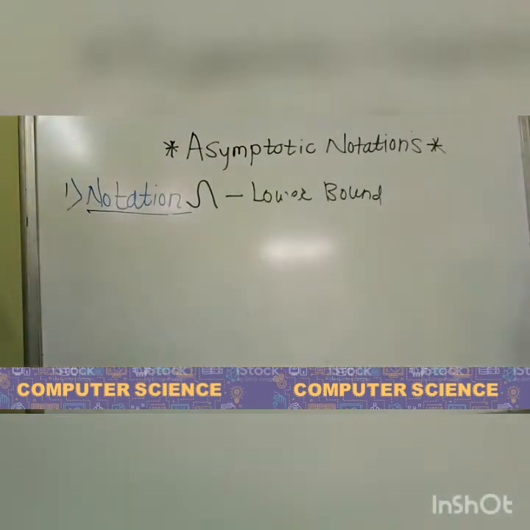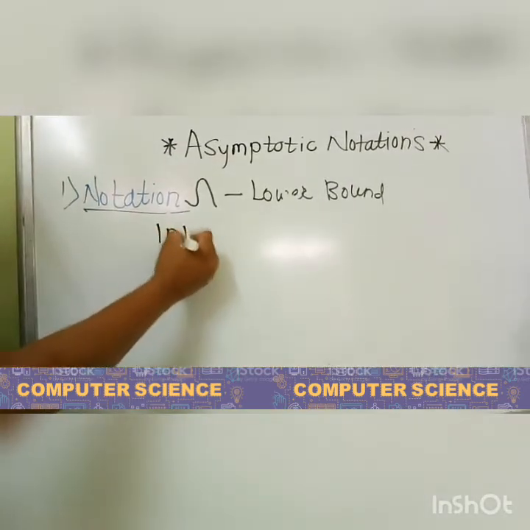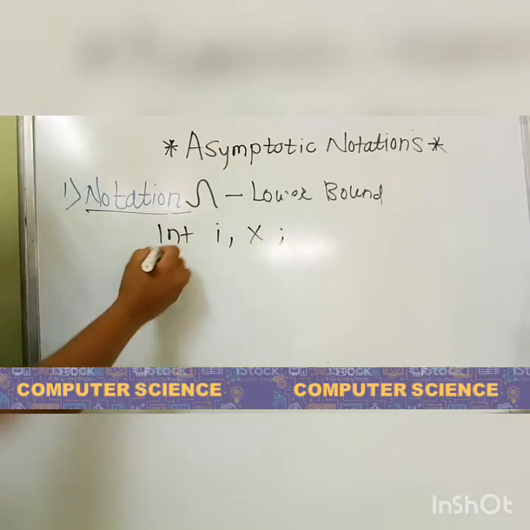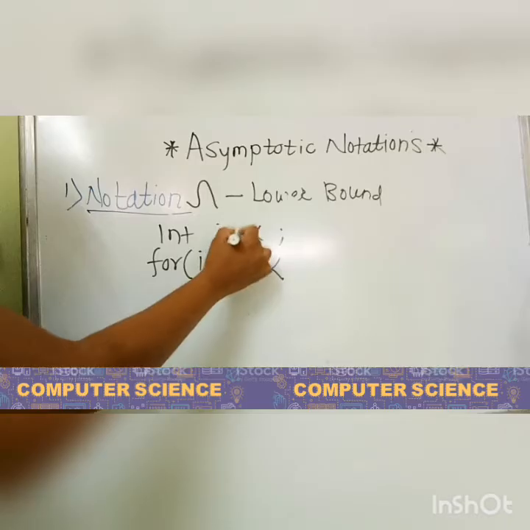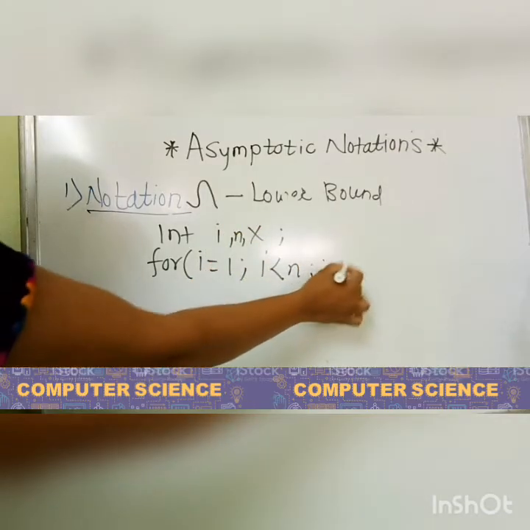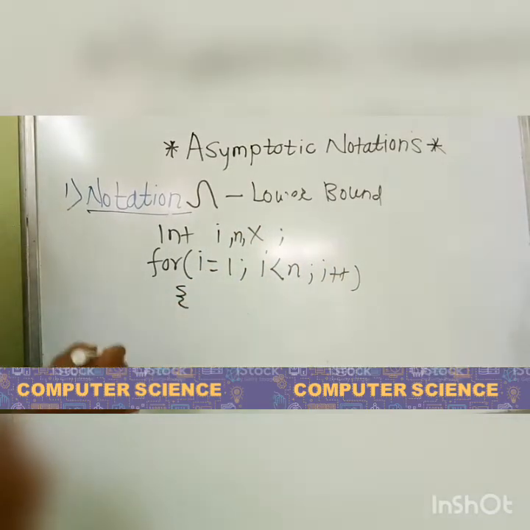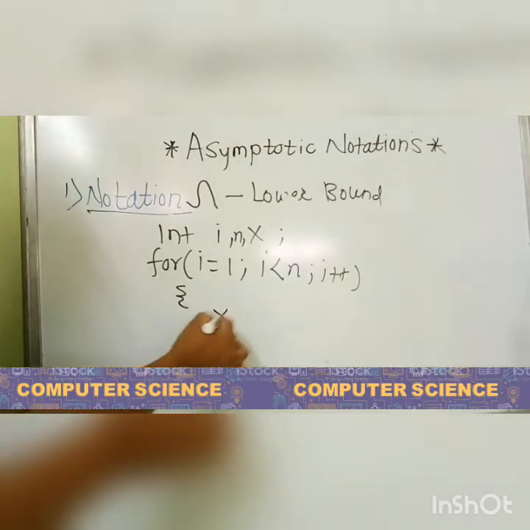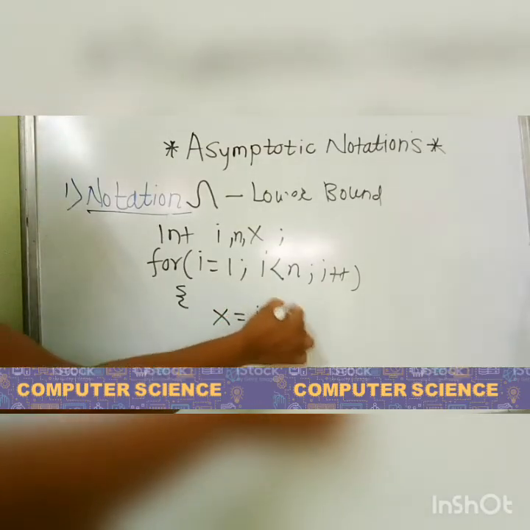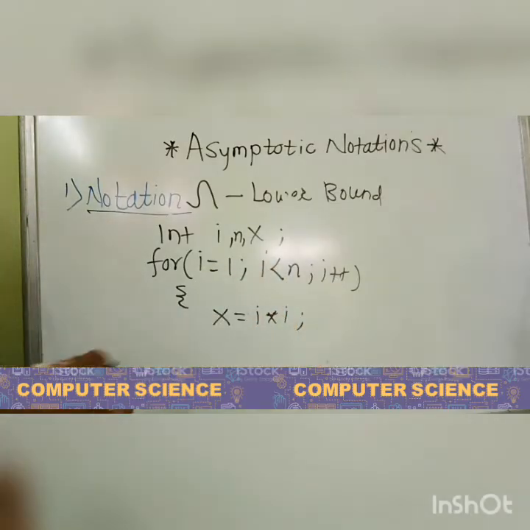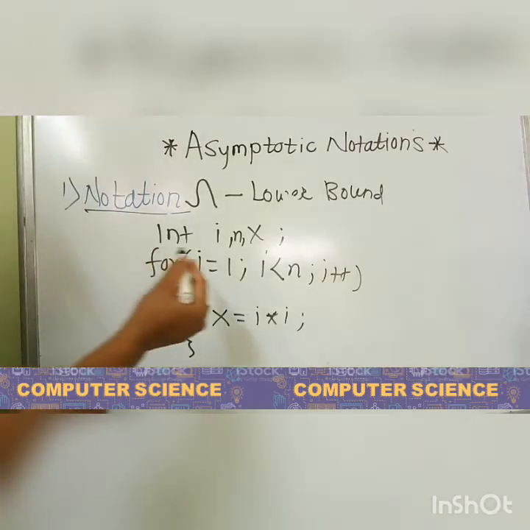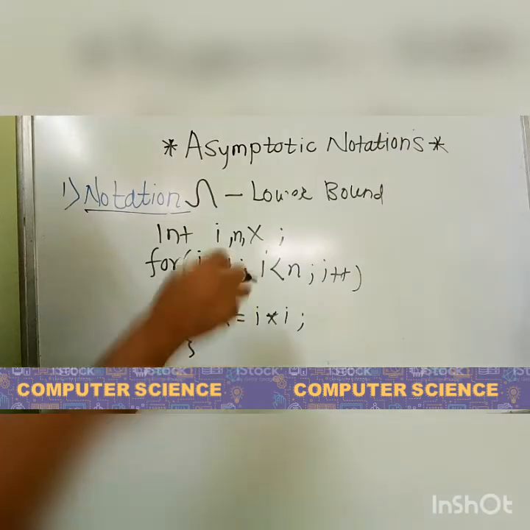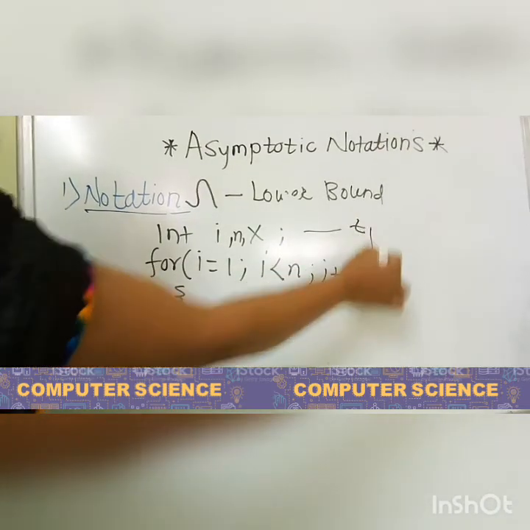We will take one small example, like the code: integer i, x; for i equals 1, i less than n, i plus plus; and again x equals i into i. Take one dummy condition. If we calculate the frequency count, or number of executions and the time required, the first statement is executed in t1 time.